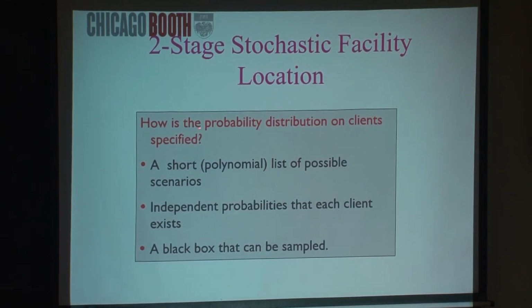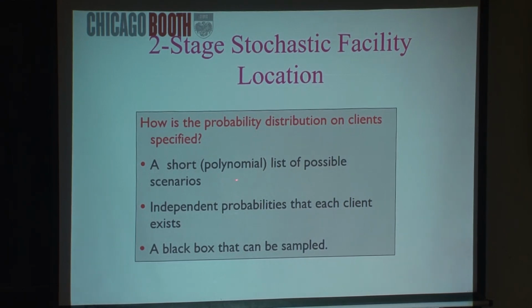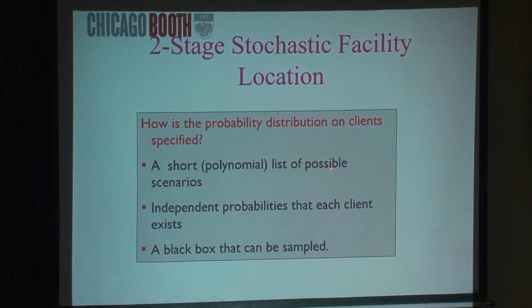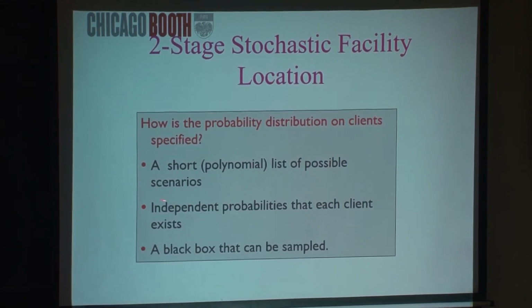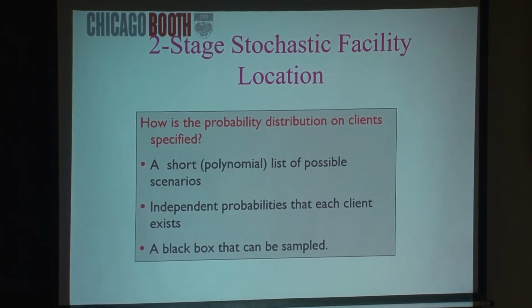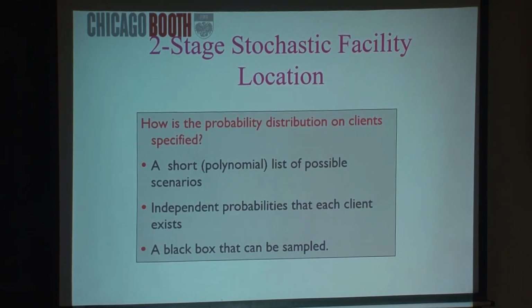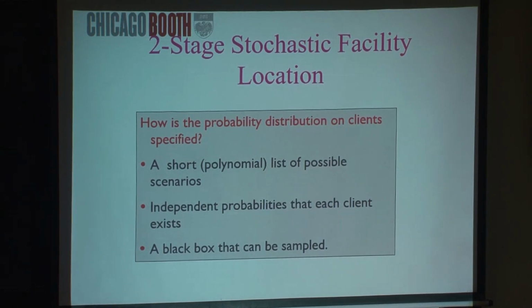Okay, now the probability distribution. So the clients are going to have a set of possible scenarios, and let's say I'll assume independence. So independent probabilities that every client is going to want, or any client is going to want demand.